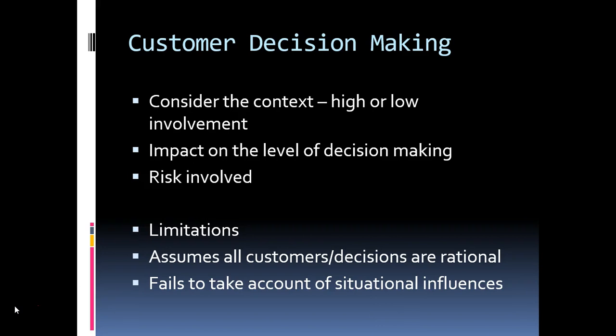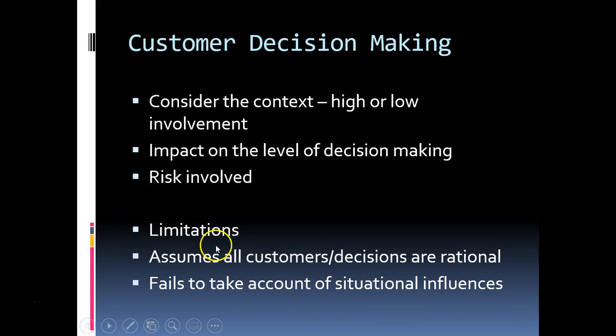We might be influenced by brand or peers or something else. It also fails to take account of situational influences you might come across, like the salesperson in the store, or the mood in a shop, that might influence your decision making on that particular day.